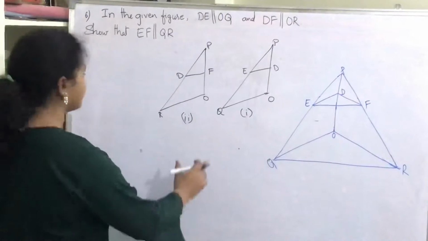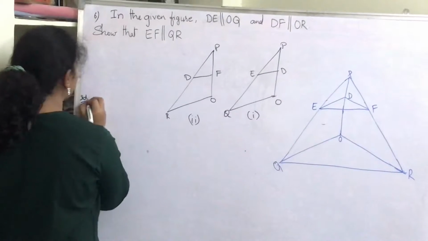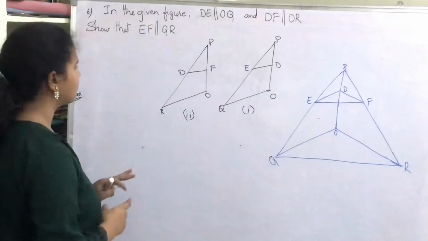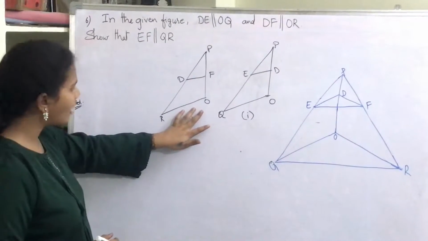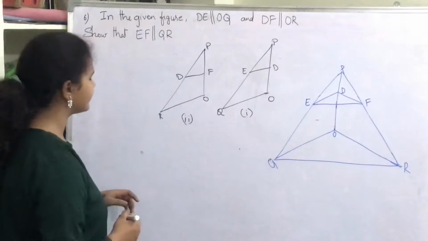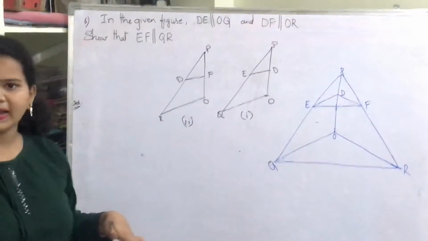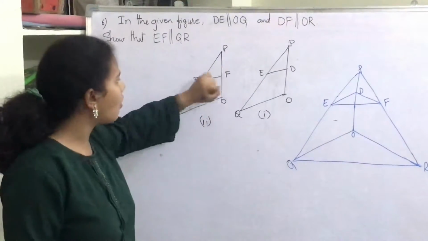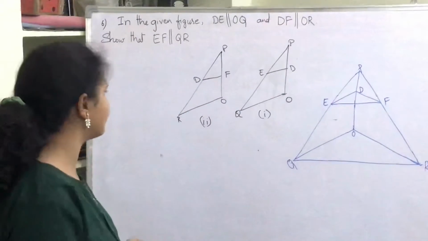We must prove this by using the converse of the basic proportionality theorem. We know that DF is parallel to OR and DE is parallel to OQ. By the basic proportionality theorem, if a parallel line is drawn in a triangle, then the other two sides are divided in the same ratio.